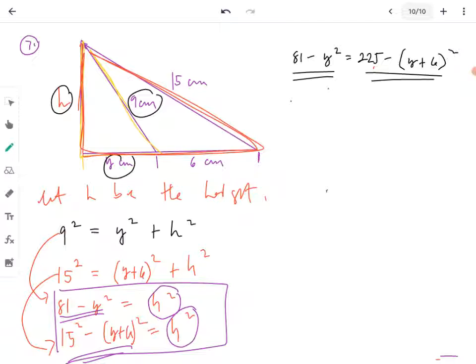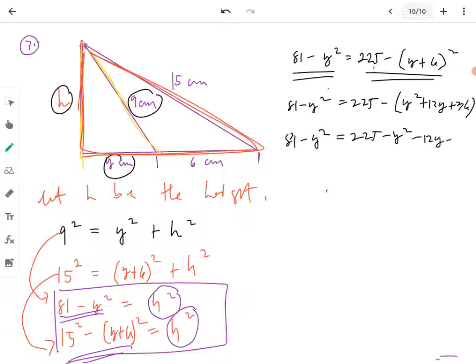So from here we have 81 minus y square equals 225 minus y square plus 12y plus 36. If you expand the y plus 6 square, that will be y square plus 12y plus 36. Distributing the negative on the right side, we have 81 minus y square equals 225 minus y square minus 12y minus 36.